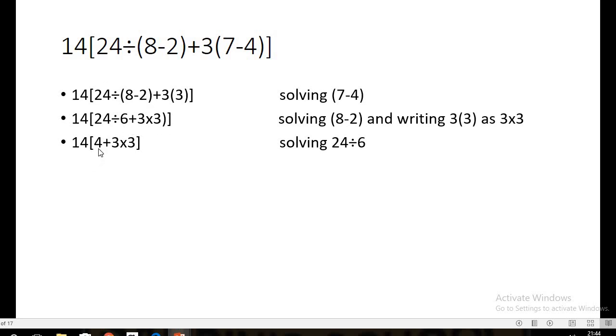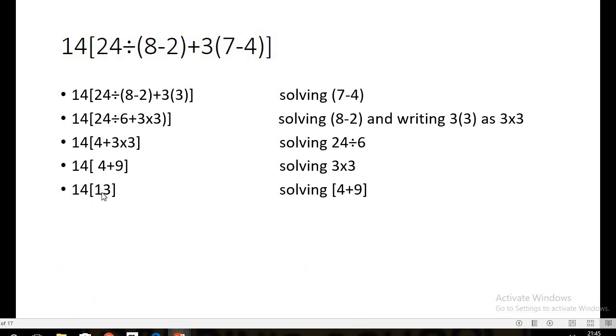So 24 divided by 6 gives you 4, and then according to BODMAS, we will do the multiplication within the bracket first, because the bracket is to be solved first. So 3 multiplied by 3 gives you 9, and 4 plus 9 in the bracket gives you 13.